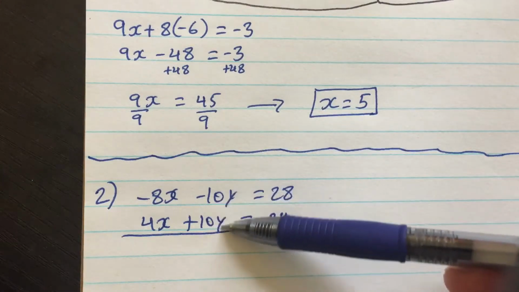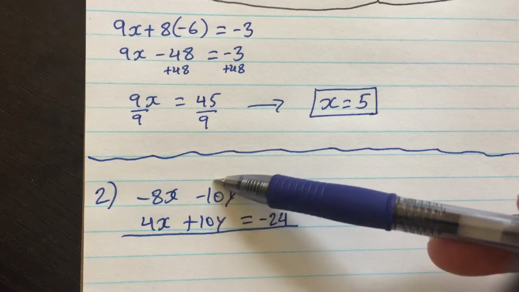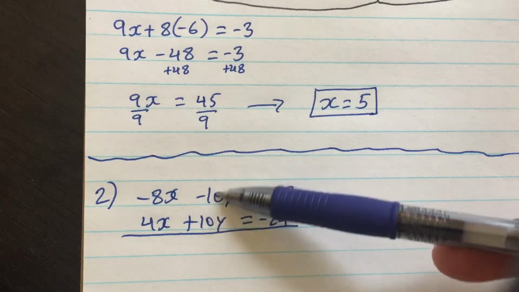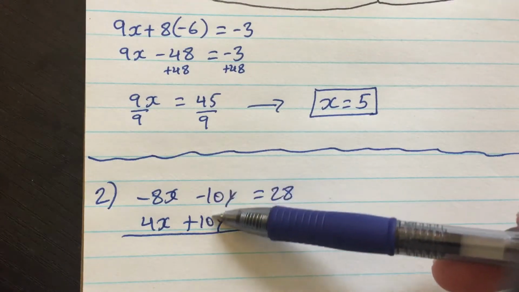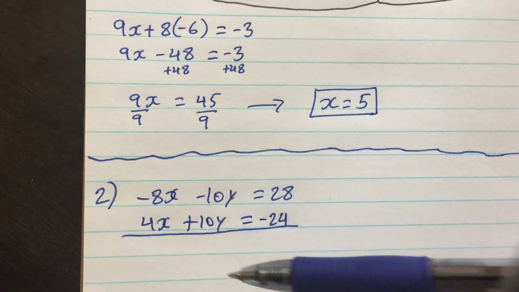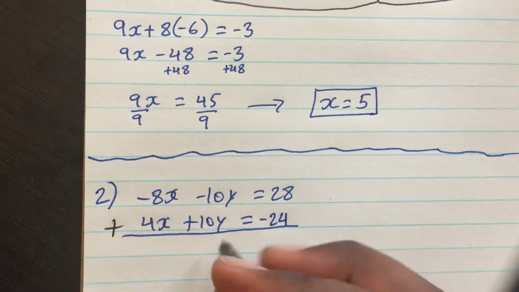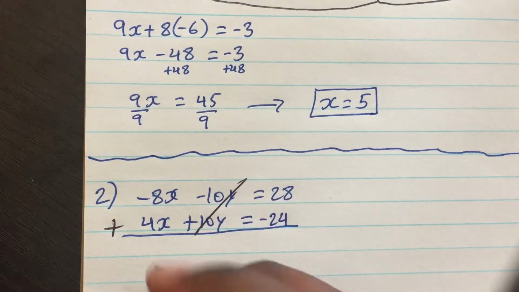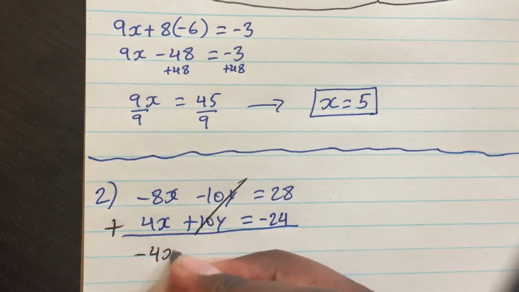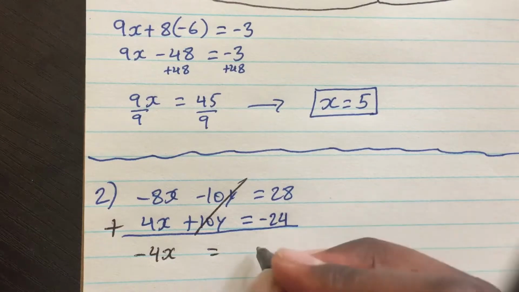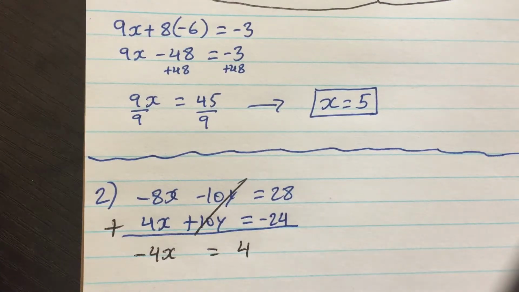And if you look at the y variable here, the number in front of it, if I were to add this vertically, you get a 0. That is, the y variable is going to be eliminated in that case. So how about we add straight down? This cancels out, and -4x equals, if I add this, I get a +4. Divide by -4, you get x equals -1.